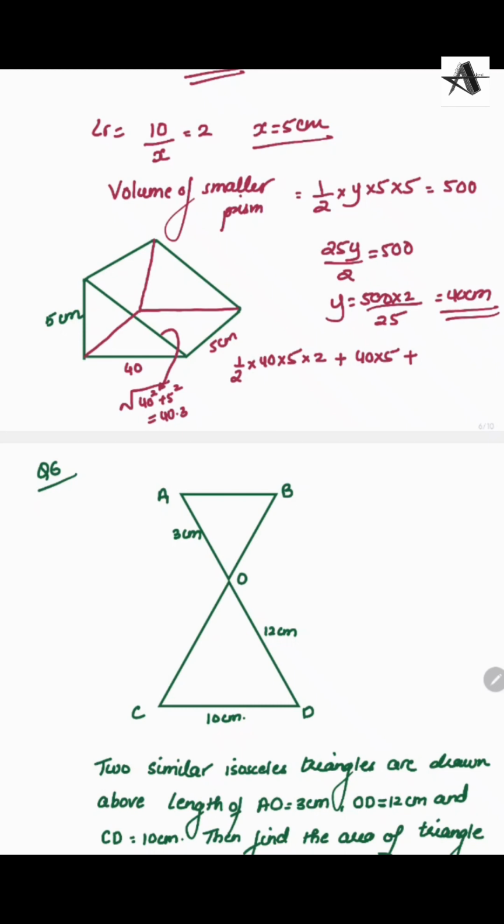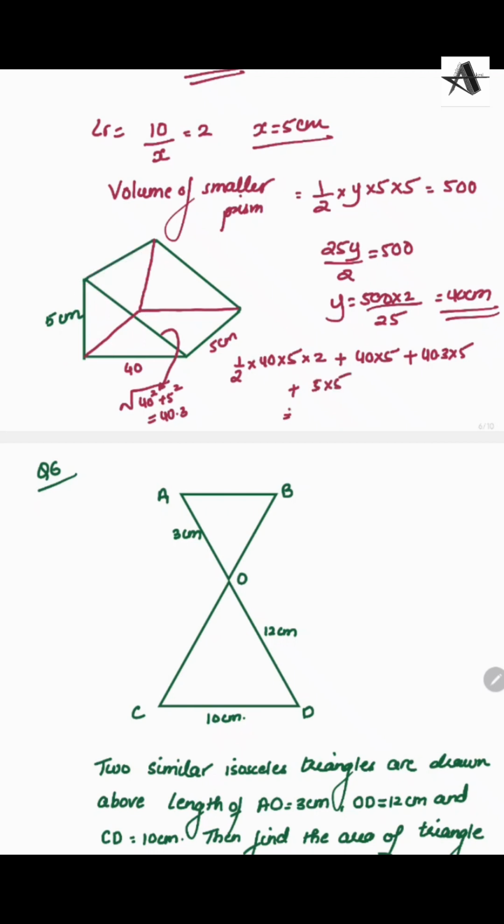So now if I'm talking about the area of this one, length times width, that is 40.3 into 5, plus the same for the rear one. Its length is also the same, 5, and this one is now the height. So this will be height, which is 5, multiplied by its width, which is 5. So 5 into 5 will give you 25.